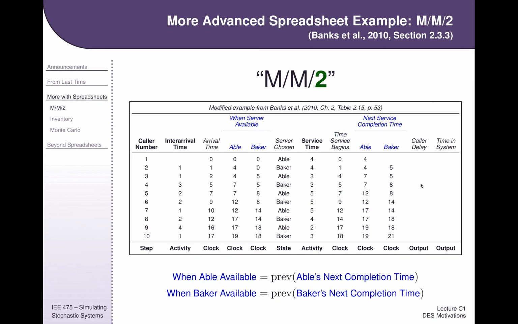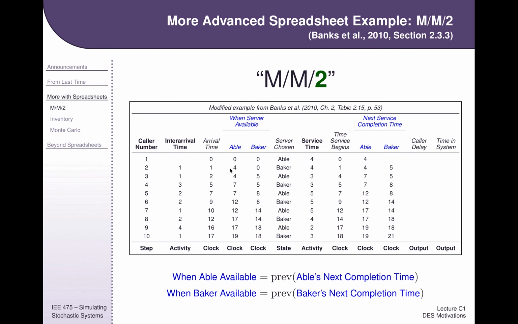So then now we finally can go back and say, when is each one of these servers available? And that's easy. You just look at the previous completion time. So if in this row I'm saying when is Able available? Well, if I look at the previous completion time, I calculated that Able would be available at time 4.